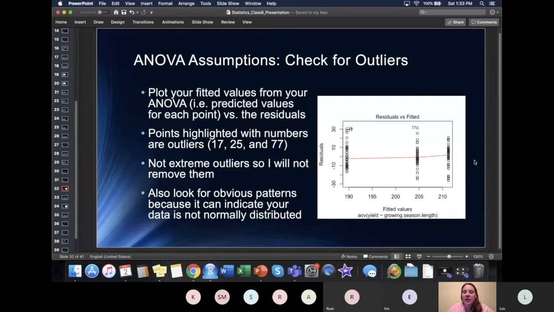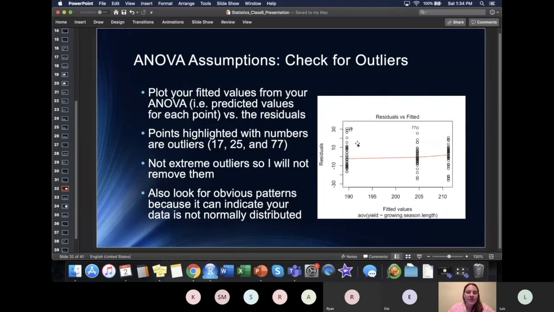We can get a good idea of whether they should be removed from another test that I'm going to go over in a second. You would want to be aware that there are outliers here and look at your further tests to see if assumptions are violated. And if they are, you can come back to those outliers and remove them. In this case, by a gut call from doing this for a long time, these will be okay.